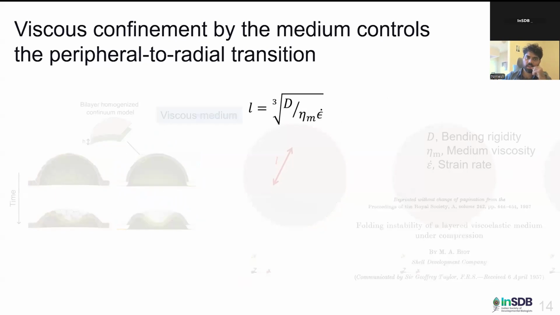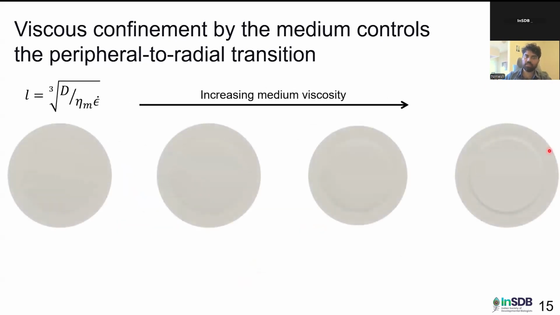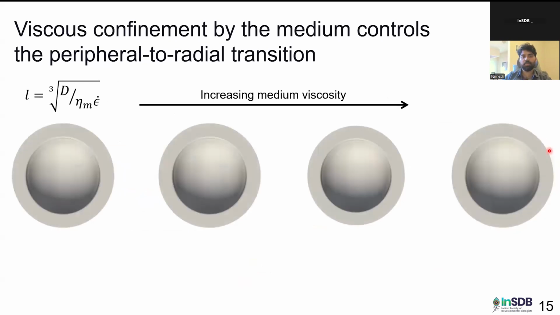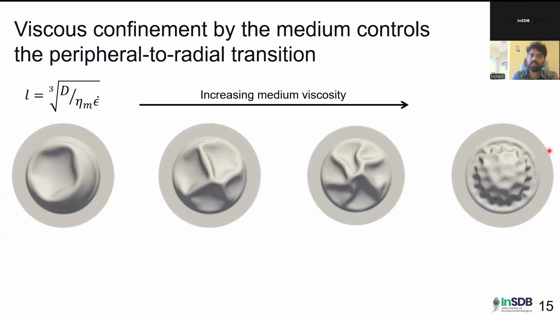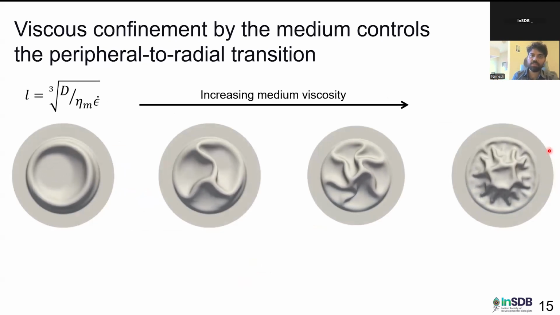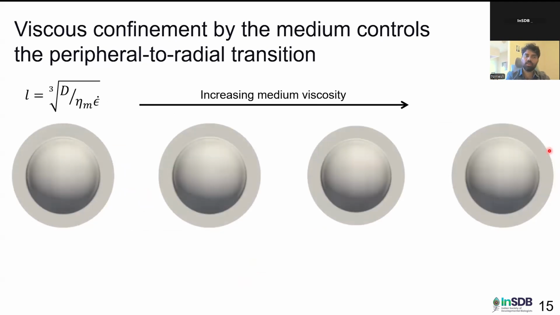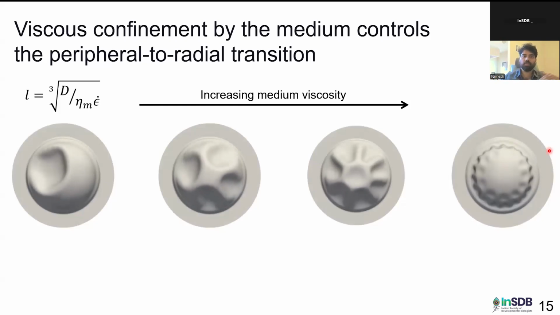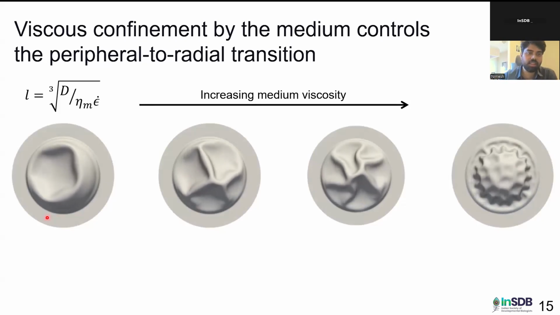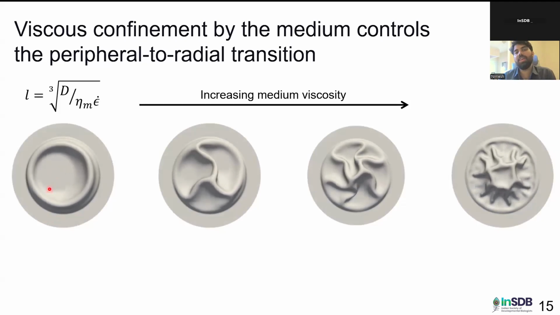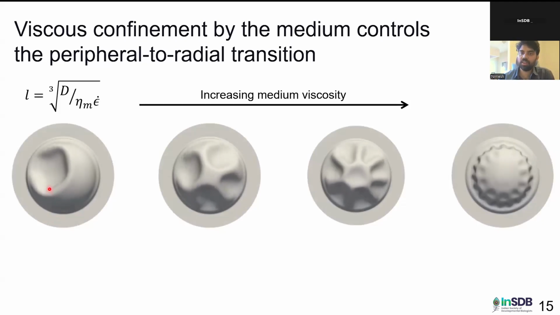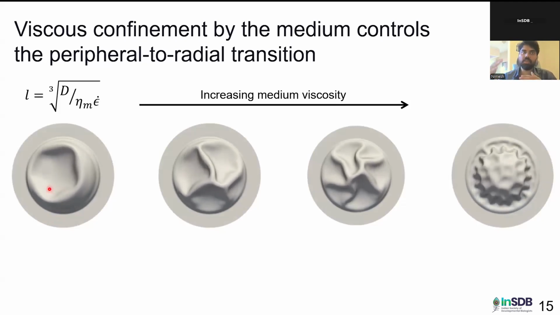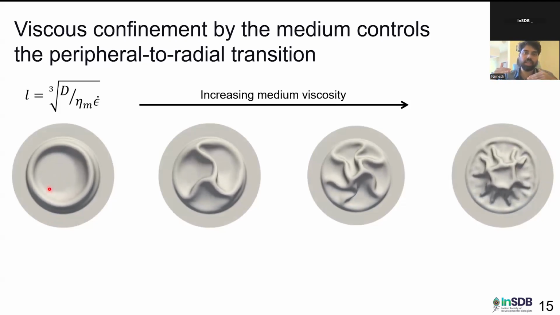So when we ran simulations of increasing medium viscosity, we found that it is indeed an important scale which drives the length scale. If the viscosity is low, the tissue can make one large deformation, as you can see in this dimple. But if the viscosity is too high, it is difficult for tissue to make a large deformation because you will have to push large volumes of media around.